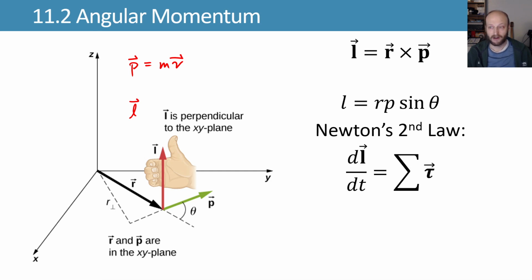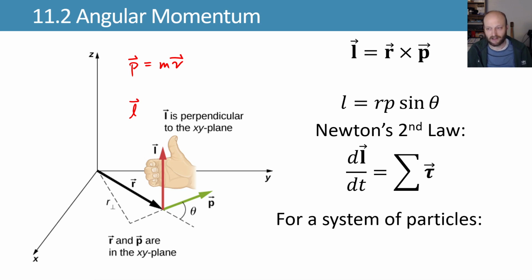For a system of particles, the total system of particles will have a total angular momentum that's equal to the sum of the angular momentum for each individual particle. So we basically just add up all of those angular momentums of each particle, and we get our total system angular momentum. That's for discrete particles.